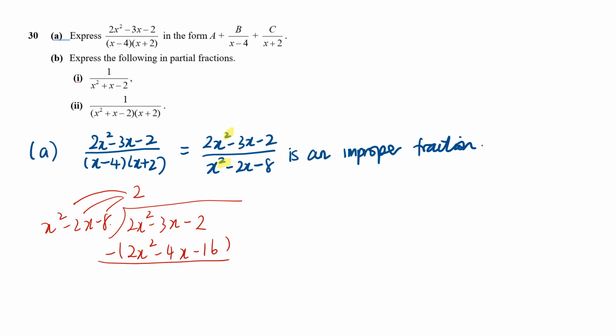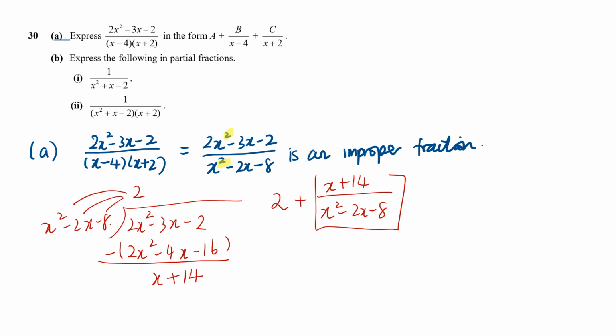Negative 3x plus 4x gives you x. Negative 2 plus 16 will give you positive 14. So in this case, it will be equal to 2, plus your remainder x plus 14 over your divisor, which is x squared minus 2x minus 8.